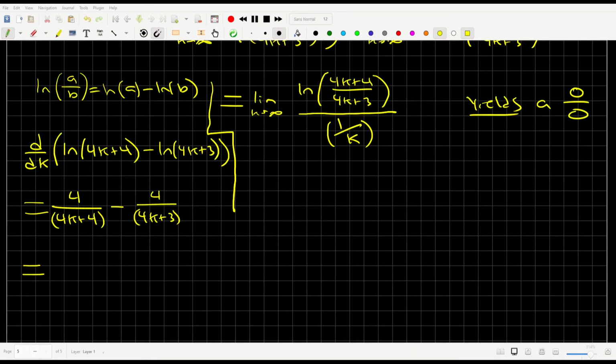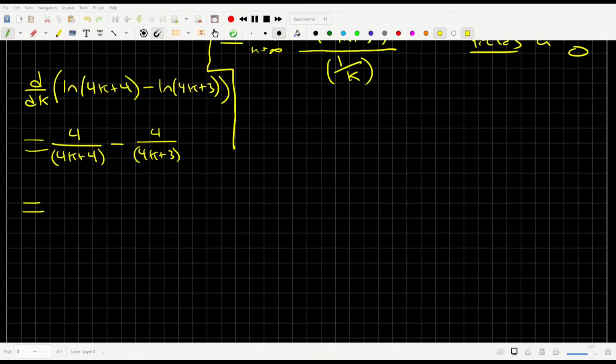Which, when we bring to common denominator and simplify terms using some basic algebra, ends up just simplifying to negative 1 over (k plus 1) times (4k plus 3).